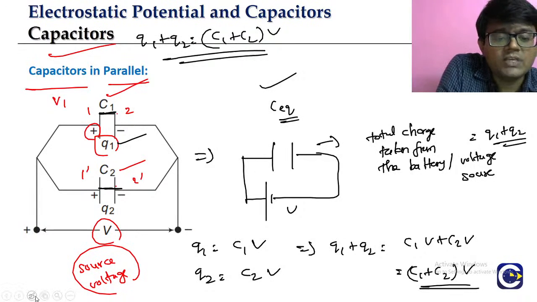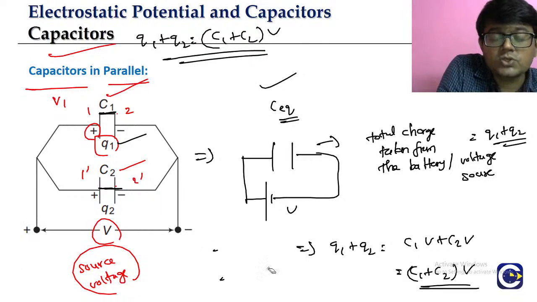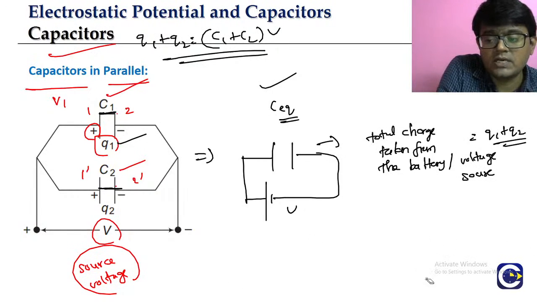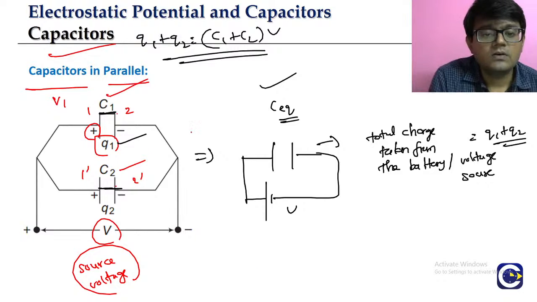What is the idea of the equivalent capacitor? The equivalent capacitor should do the same job as the combination. The combination that we are going to replace, its job should be done by this single capacitor.